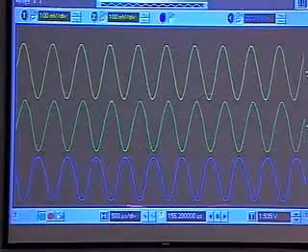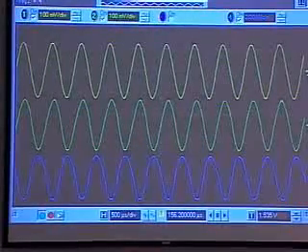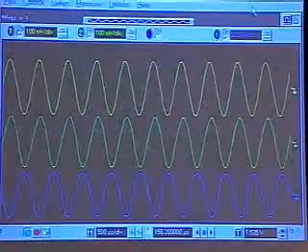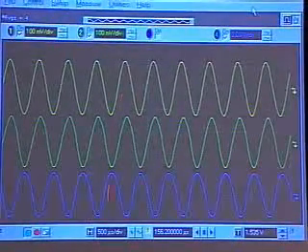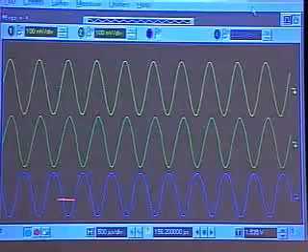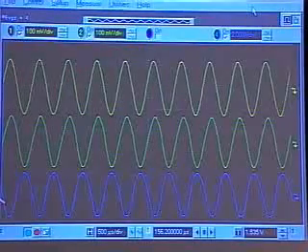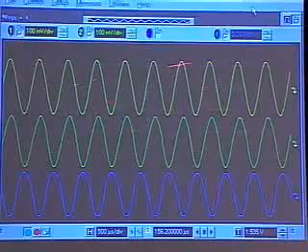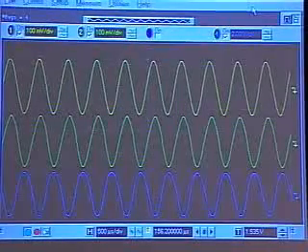And then you see the blue, which is the output here. So for now, simply focus on the yellow and the blue. The yellow is the input, and the blue is the output. So I apply some input, and I get an output that looks more or less some linear function of this input here. It's a small signal.